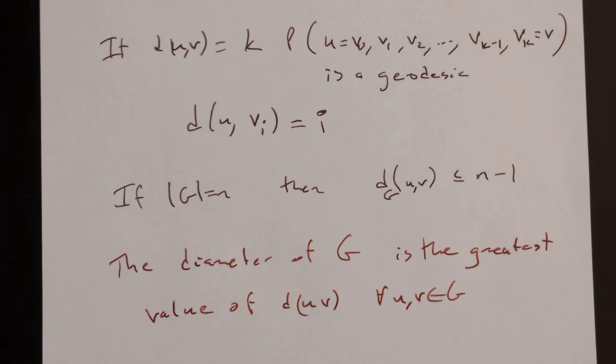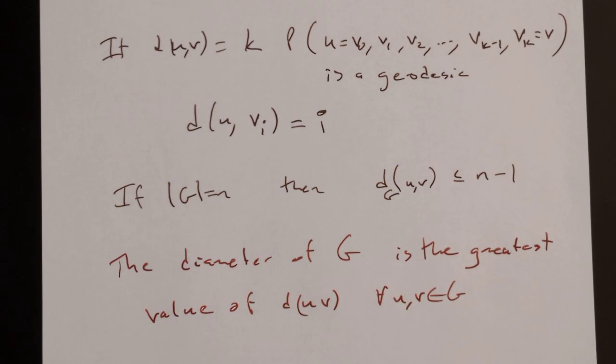It turns out that this idea of being a diameter means that if I know the shortest path between two vertices is exactly that long and I pick another vertex, then going that way would be longer.